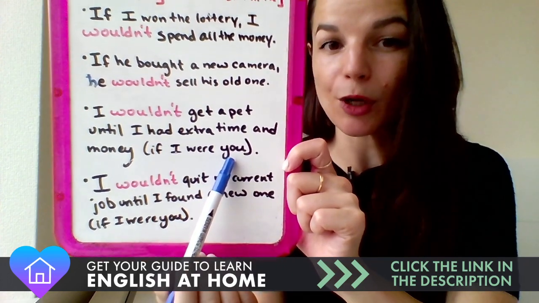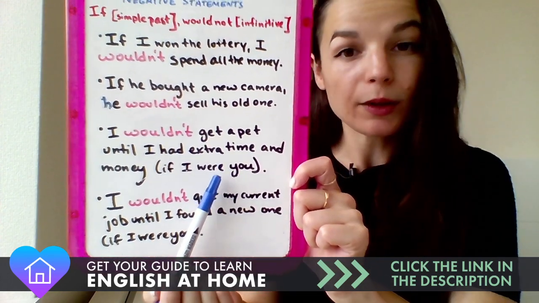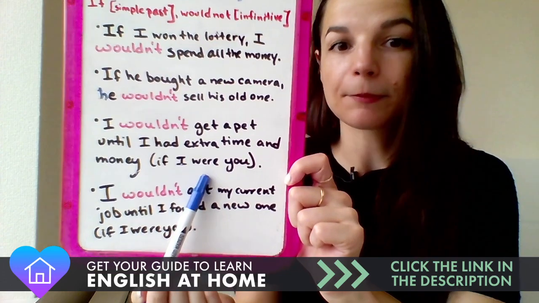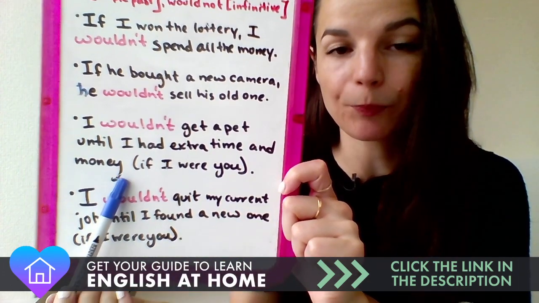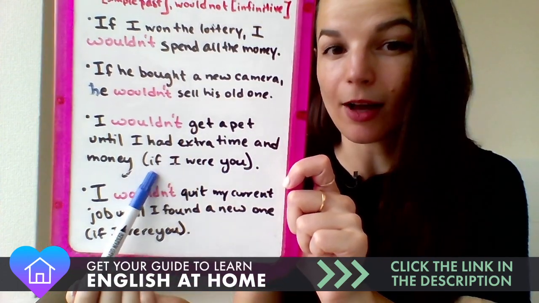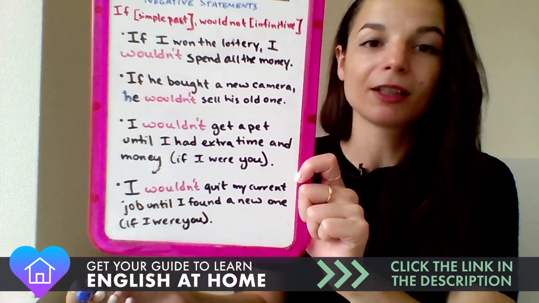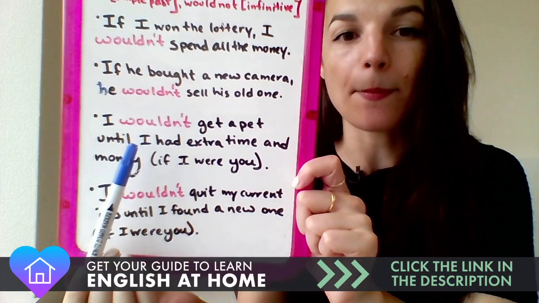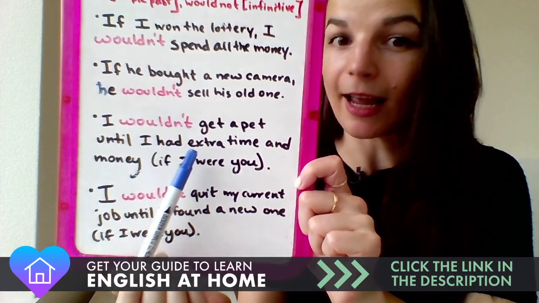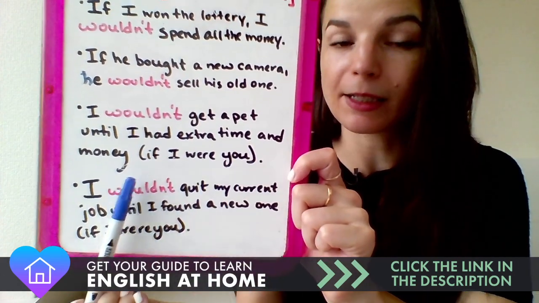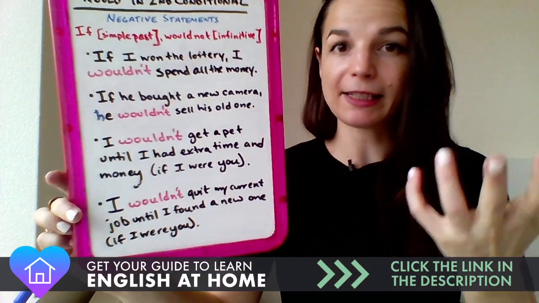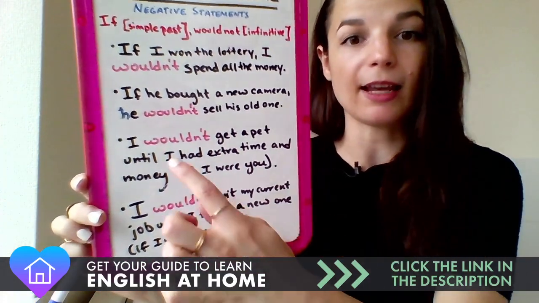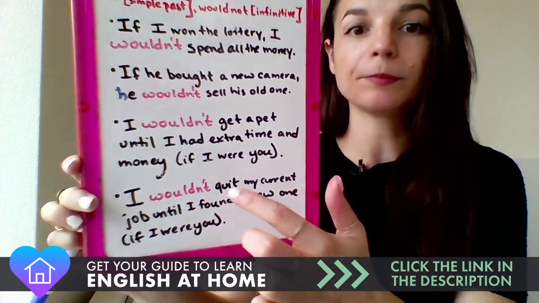I included this example sentence with this in parentheses right here. If I were you. So this is my if clause. If I were you, I wouldn't get a pet until I had extra time and money. So this is a common advice pattern. So in this case, a negative advice pattern.